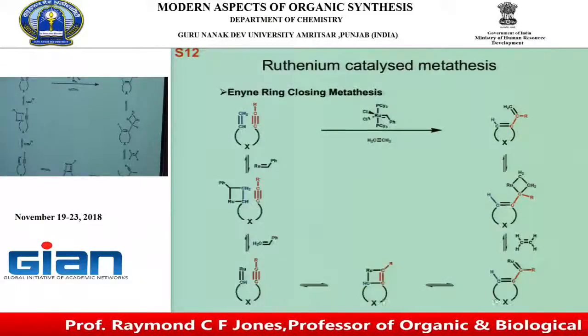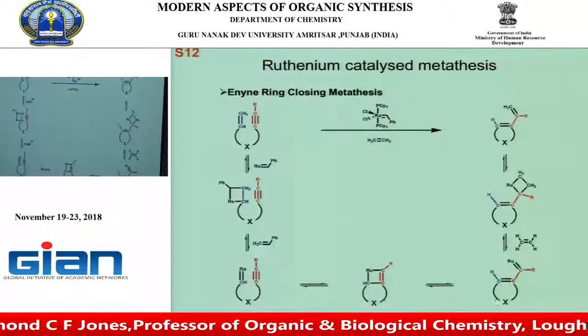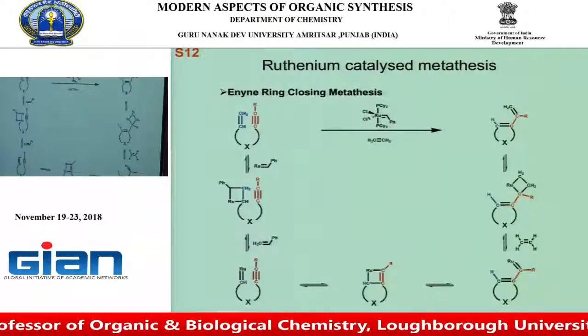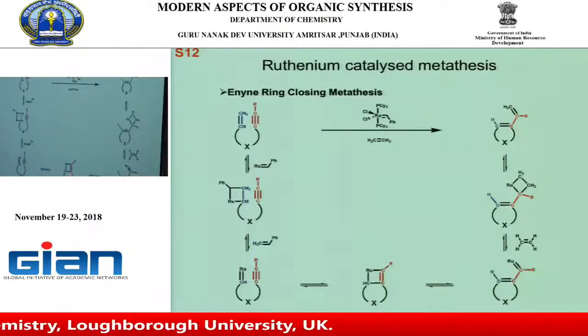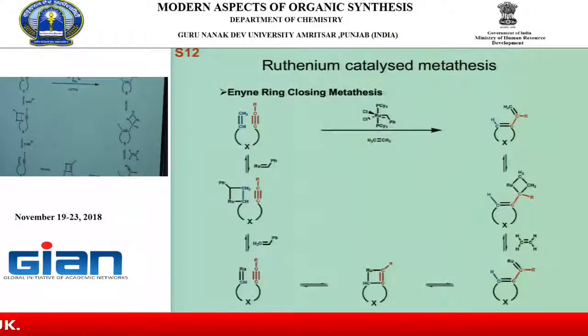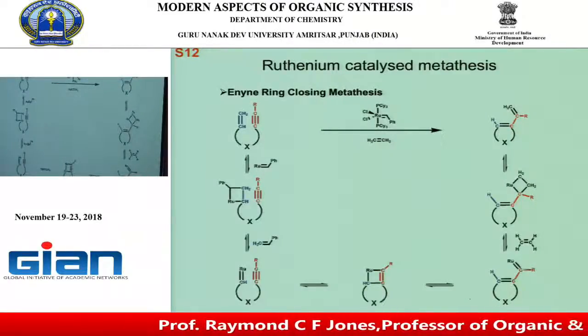So it really follows the same pattern as before, and the difference is the fact that with the alkyne you get this double bond in the metallocycle. But you do the same things with it, so you can think about it and you can develop this sequence in the same way.